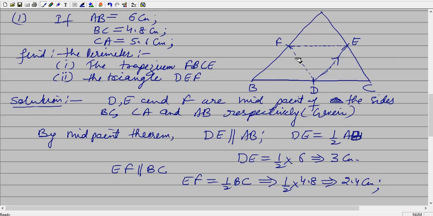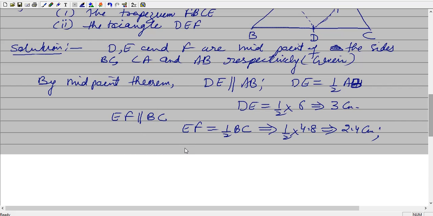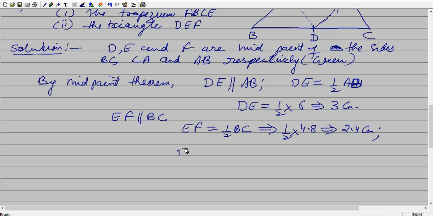Now in this third one you can see DF is parallel to AC. DF is half of AC.